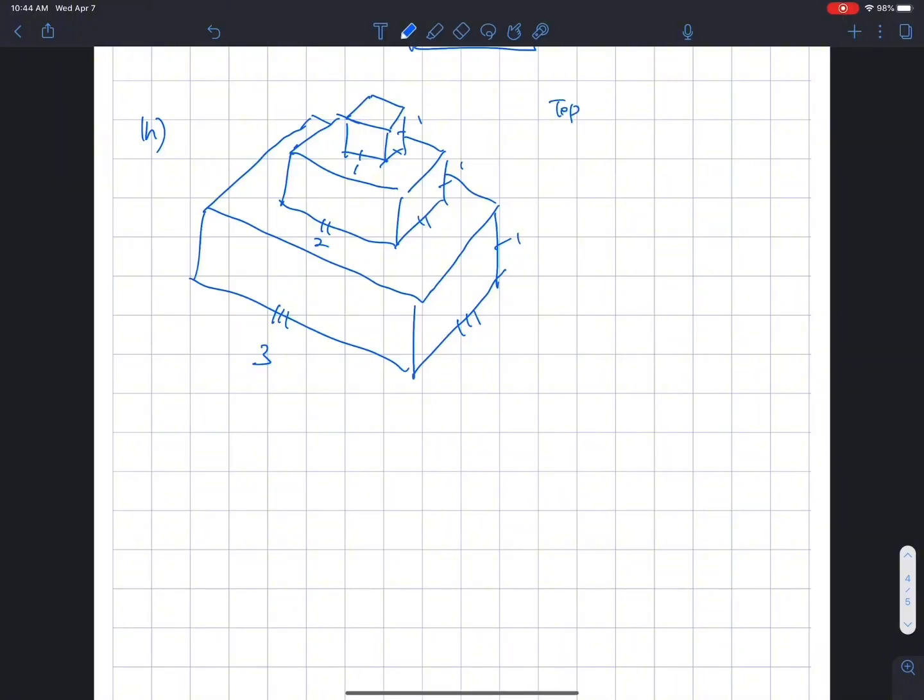Okay, so top, you should see something that looks like this. You have 1 little square, and then another square, and another square, right? So it's no difference from the bottom, just 3 times 3. So top and bottom would just be 3 times 3 times 2. We got 18.